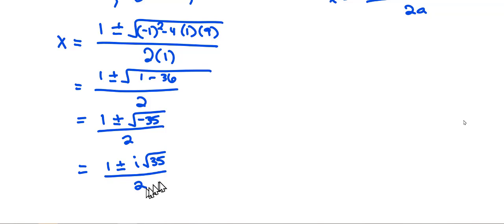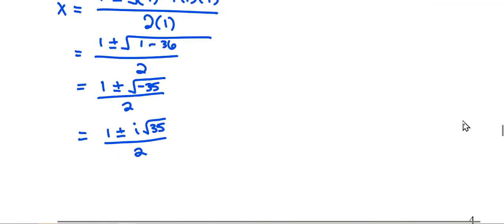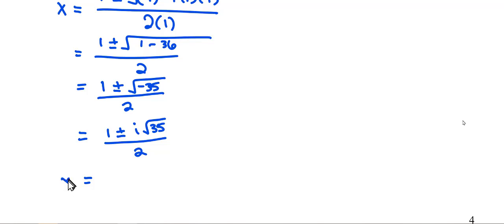And the square root of 35 doesn't simplify because it's 5 times 7, and that's it, right? Those are the prime numbers that it breaks down into. Neither of those can you square root. So most commonly we would see this as x equals 1/2 plus or minus the square root of 35 over 2 times i, which would be standard form.